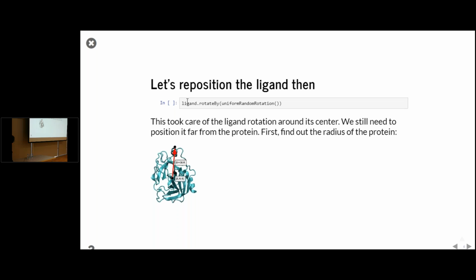So first thing, we rotate the ligand, so we give it a random orientation. We use the rotateBy method on the ligand molecule and pass as a rotation a random rotation matrix, which is obtained by the uniformRandomRotation function. So after we execute this, the ligand will be in a random orientation, still centered at the origin of space.